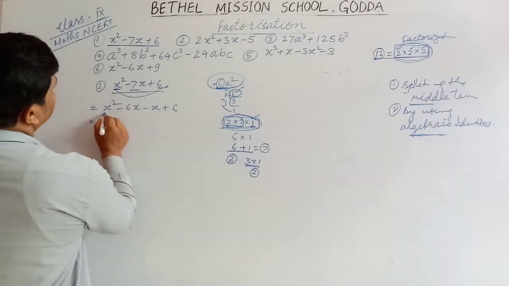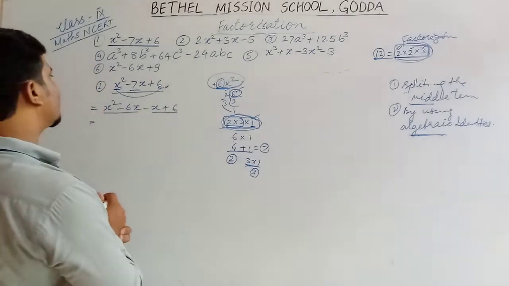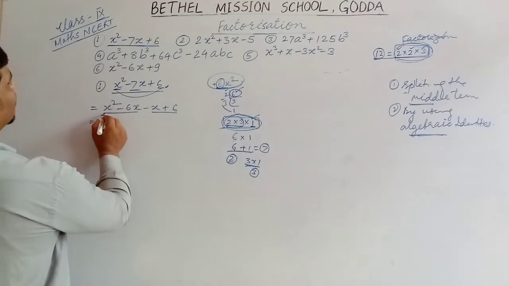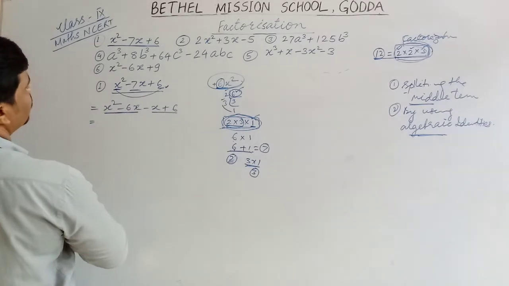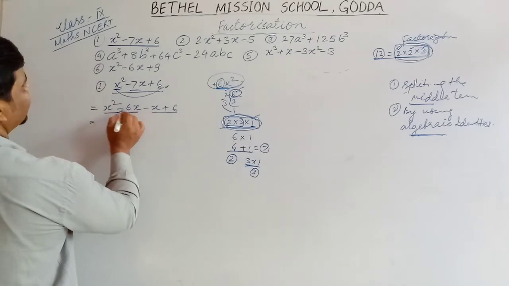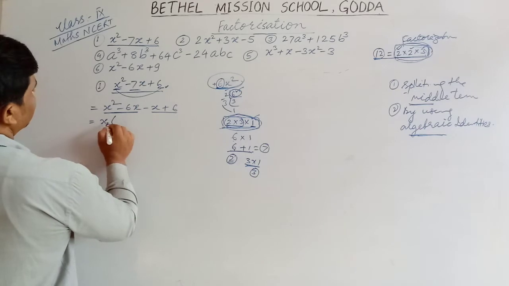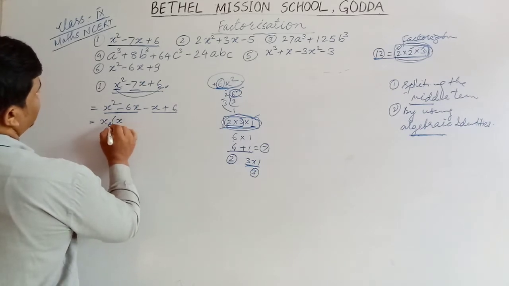Now we will regroup for taking common. From the first two terms, x square and minus x, you have to take common x. The common factor will be x, and from x square, x came out.